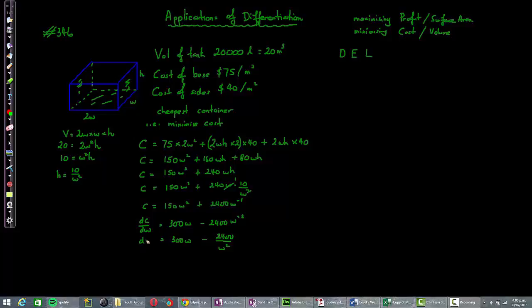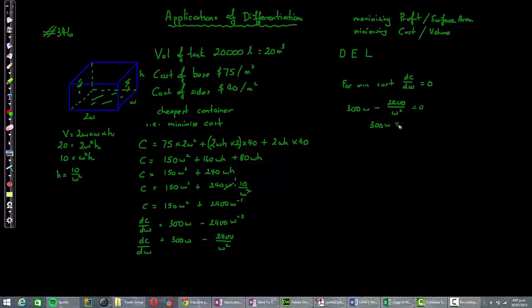Okay, so having derived, for maximum and minimum, so for the minimum cost in this case, we have to find out when that derivative is going to equal 0. So this equal to 0. The simplest way of doing that is actually to move this negative term to this side and then cross multiply.